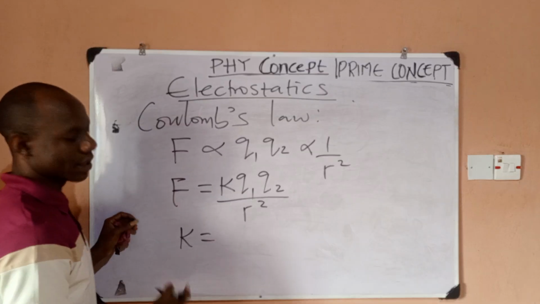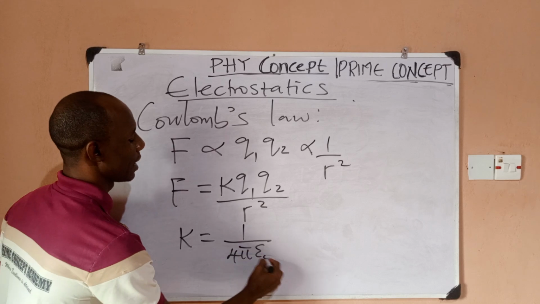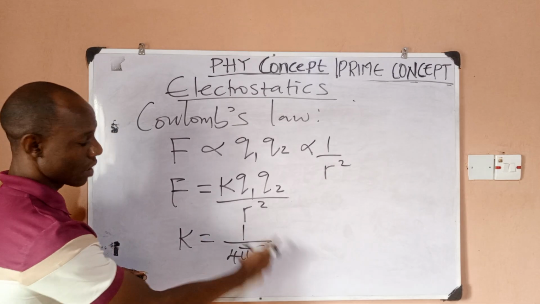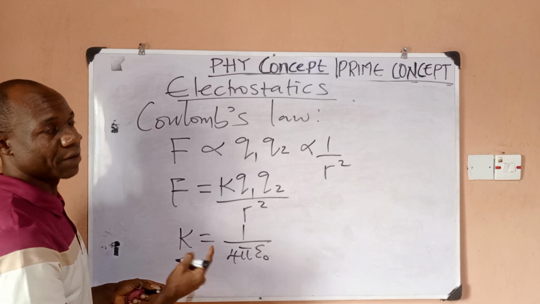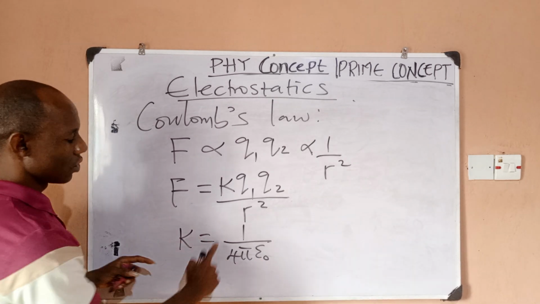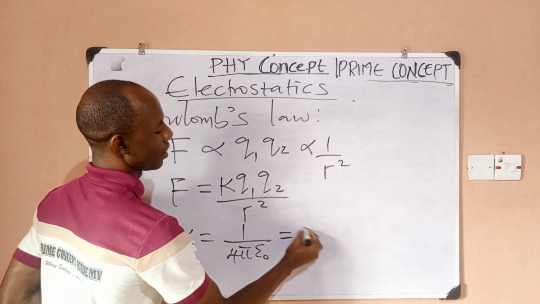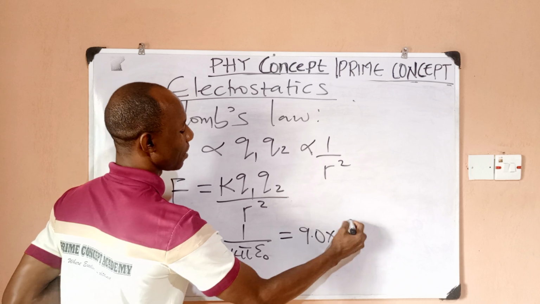K is given as 1 over 4 pi epsilon naught. When you evaluate this quantity, you know the value of epsilon naught, 8.85 times 10 to the power minus 12. If you evaluate it, it gives approximately 9.0 times 10 to the power 9.